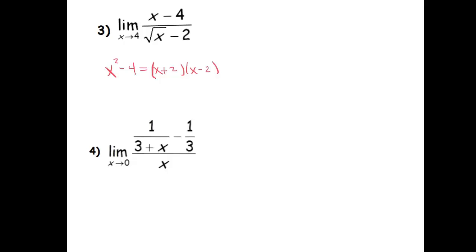And even if it was an x to the 4th minus 4, depending on your factoring skills, you may notice that that's also x squared minus 2 times x squared plus 2. And if I had x to the 10th minus 4, you can factor that into x to the 5th minus 2 times x to the 5th plus 2.